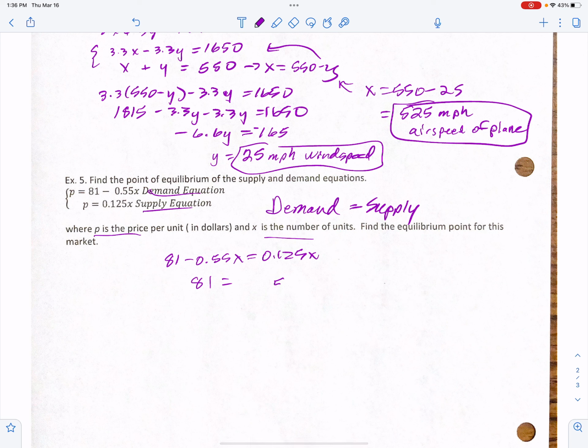And I've got what? 5.675x. And that comes out to X is 120. So that should be the number of units.